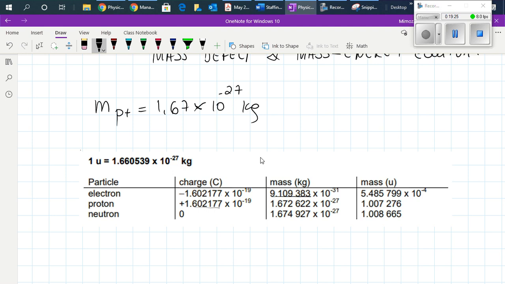Or when we talk about the mass of a proton, we say the mass of proton and neutron is 1.67, but actually they are a bit different.